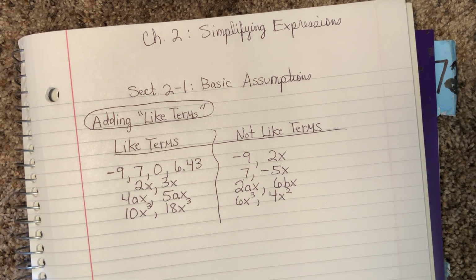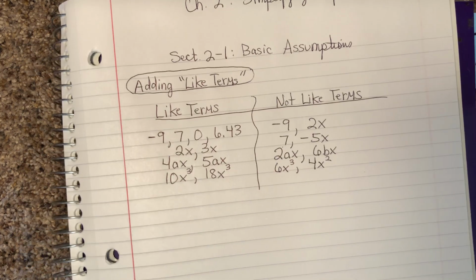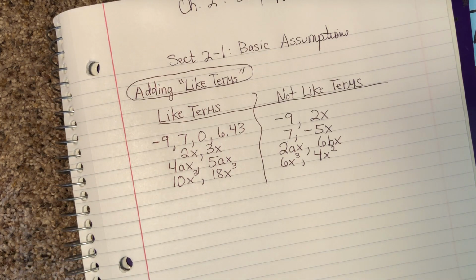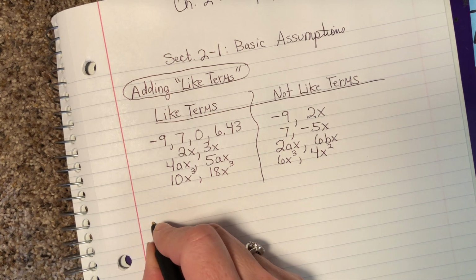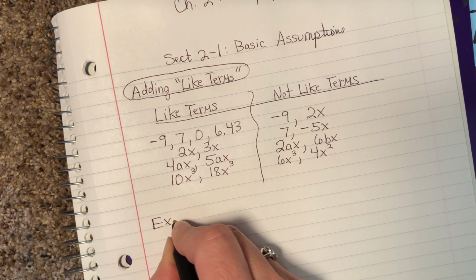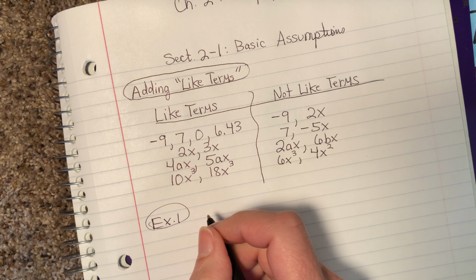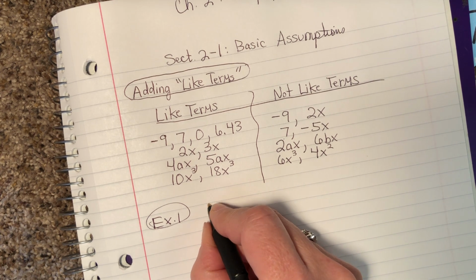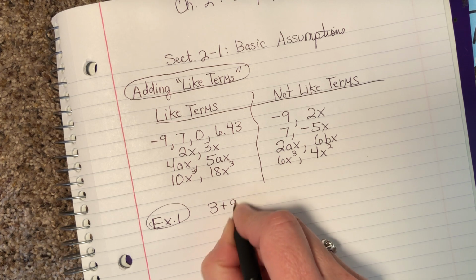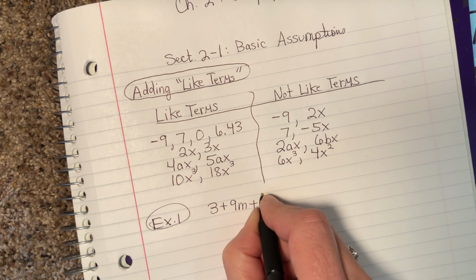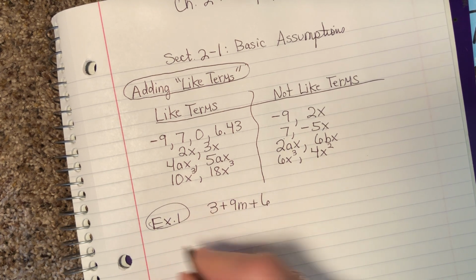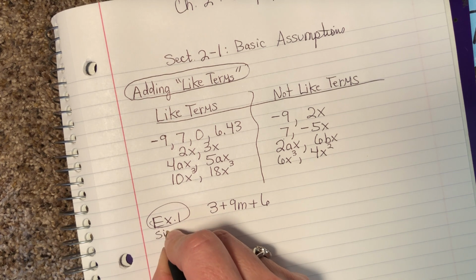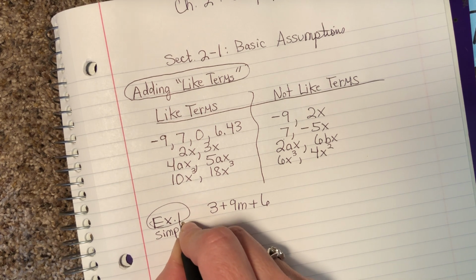All right, so the types of problems you're going to see, I'm just going to go through examples. Here, we'll just do A, B, C, D. 3 plus 9m plus 6. And the directions are going to say simplify. But remember, simplify means solve.